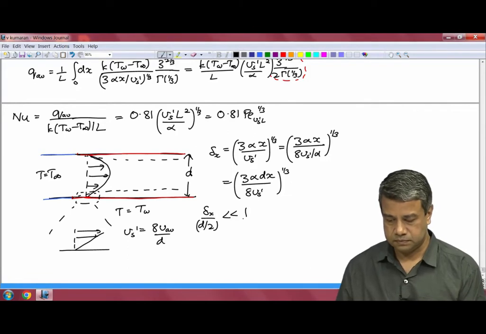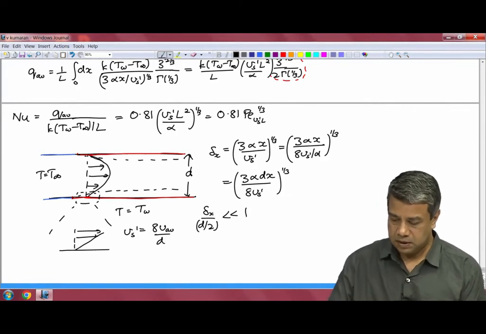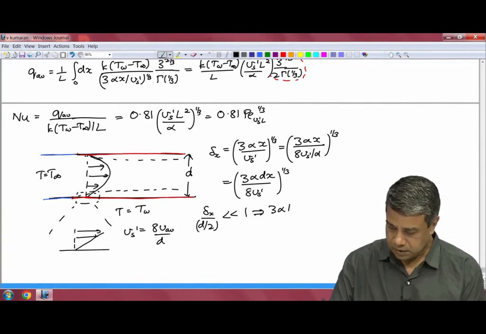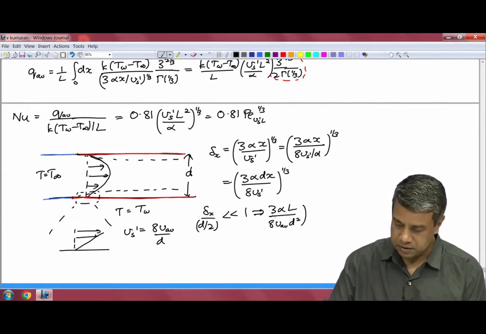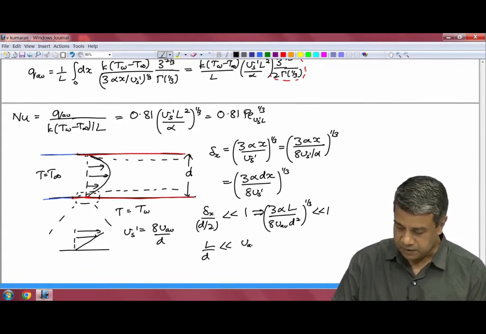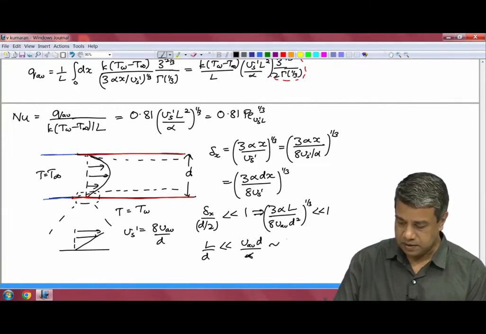This reduces to 3 alpha L by 8 V average d square to the power 1/3 very much less than 1, or L by d much smaller than V average d by alpha, which is the Peclet number.